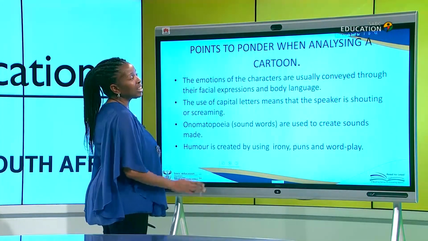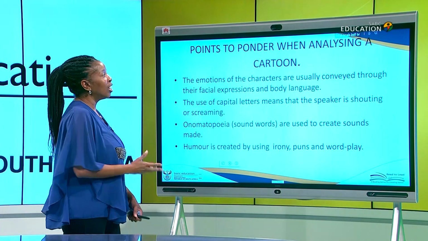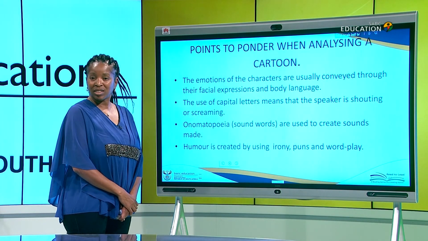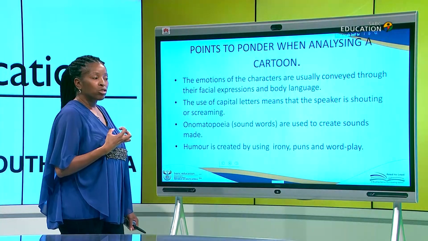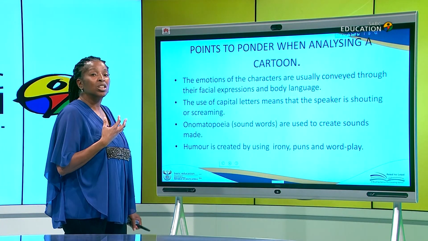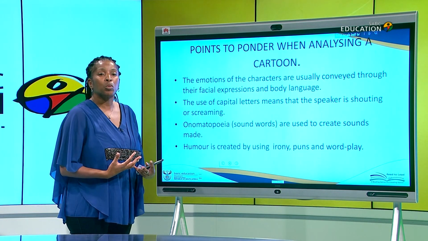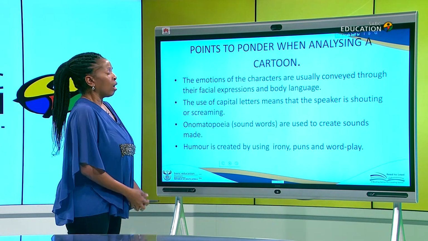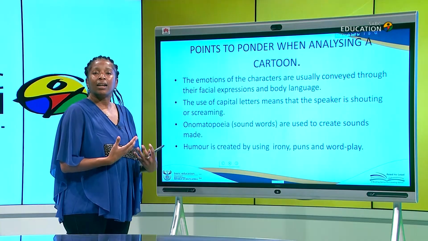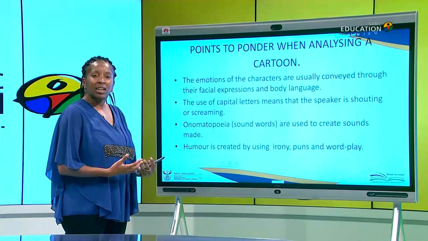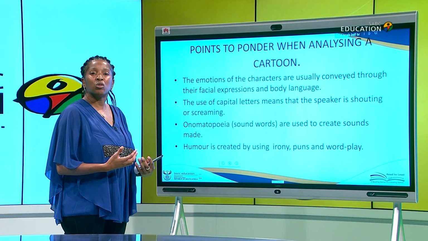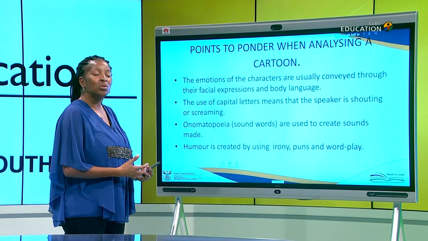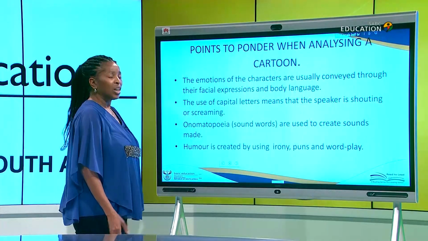So at the end, let us ponder some points when analyzing cartoons. Emotions are very important. They are usually conveyed through facial expressions and body language, capital letters, large font, exclamation marks. These are used for when a cartoon character is screaming or shouting.